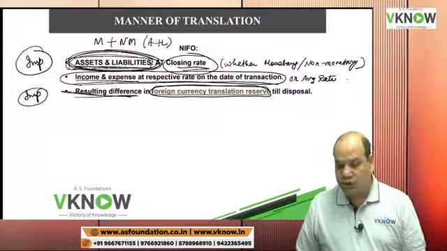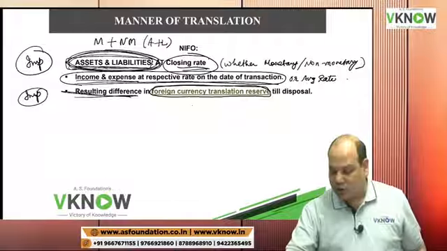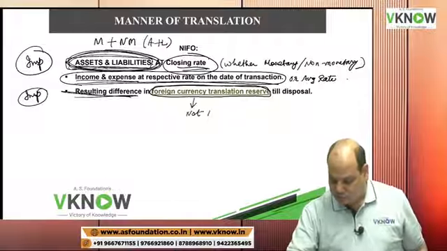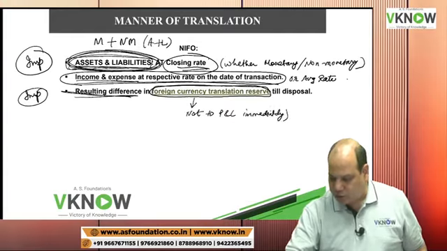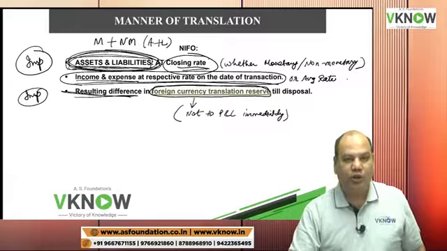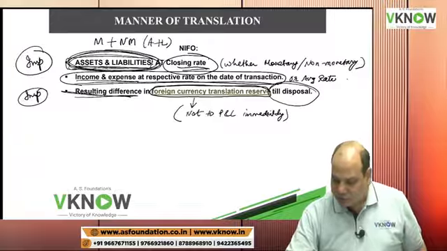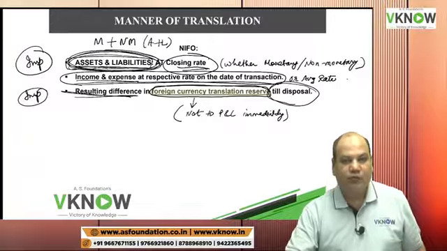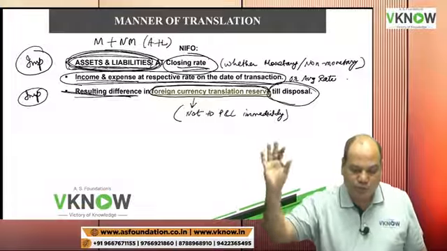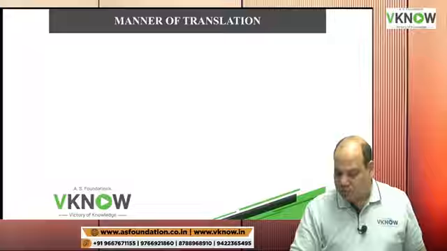So we are not going to transfer it to the P&L account immediately. Rather, we accumulate it in the foreign currency translation reserve, and transfer it to the P&L account when that foreign operation is disposed. Disposed means sold, or removed.